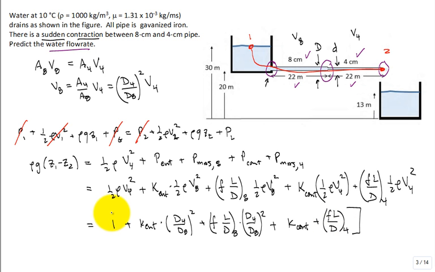All of that multiplies the same dynamic pressure of 1/2 rho V4 squared.